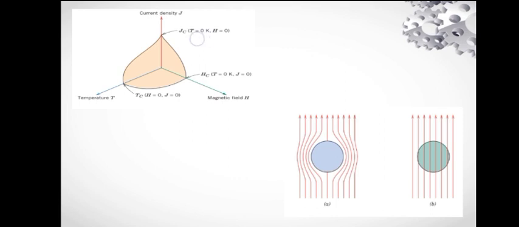So as you can see here in this figure, the critical temperature, current density, and magnetic field form the boundary separating superconducting and normal conducting states.